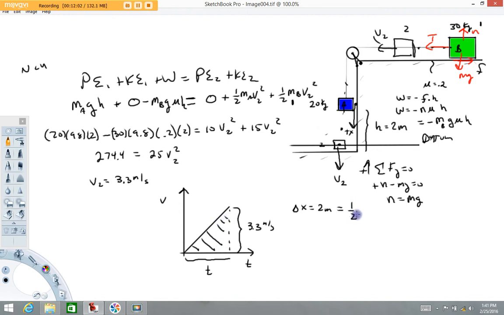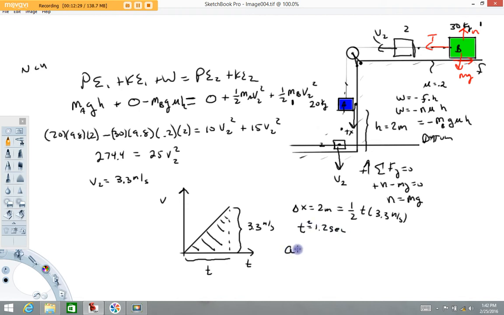So that's going to be 1/2 t times 3.3 meter per second. And we can solve that for t. And I get 1.21, I'm going to go ahead and just round that to 1.2 seconds and say approximately.